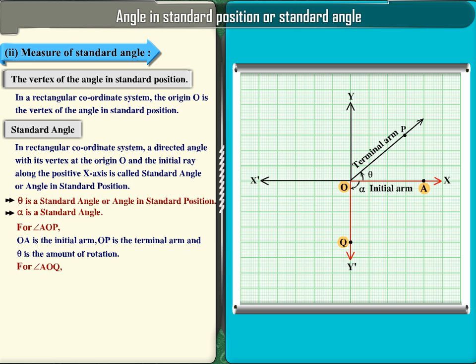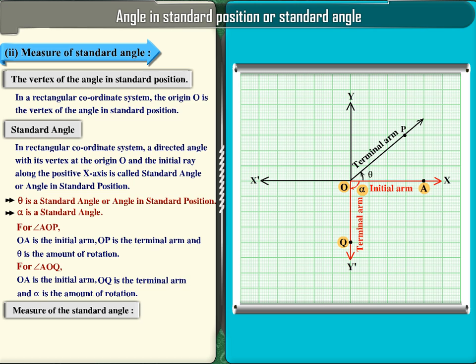For angle AOQ, OA is the initial arm, OQ is the terminal arm, and alpha is the amount of rotation. The amount of rotation of the initial ray is the measure of the standard angle. So, the measure of angle AOP is theta, and that of angle AOQ is alpha.